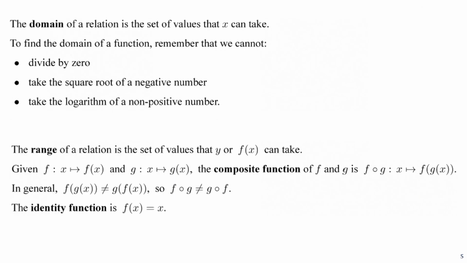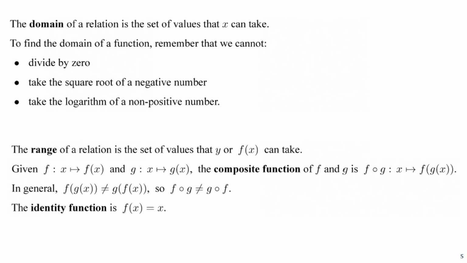And next, some properties of a function. Domain and range. The domain of a relationship or the domain of a function is the set of values that x can take, which is a collection of your inputs, right? To find the domain of a function, just remember that we cannot divide by 0 or take the square root of a negative number or take the logarithm of a non-positive number.